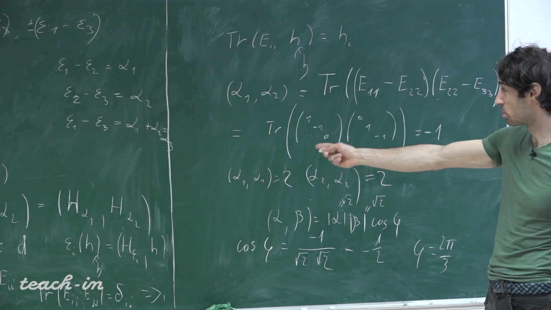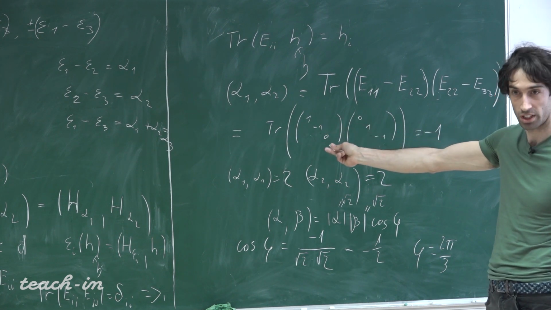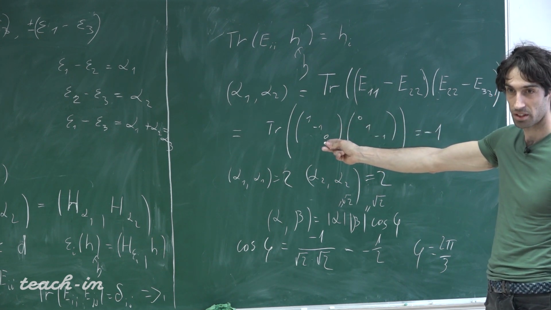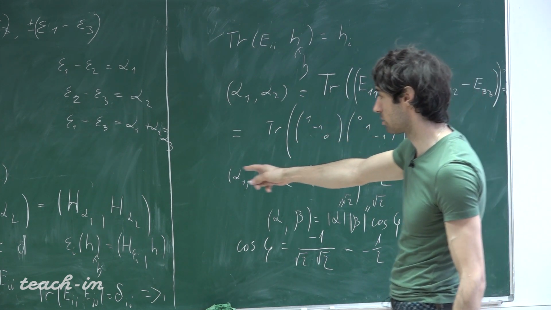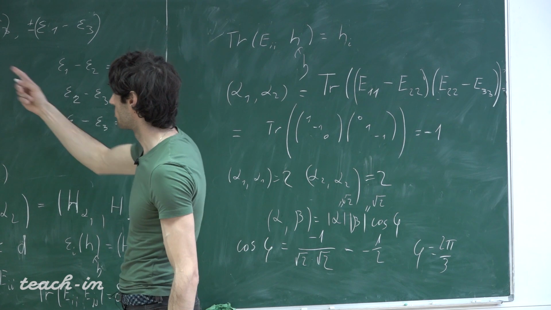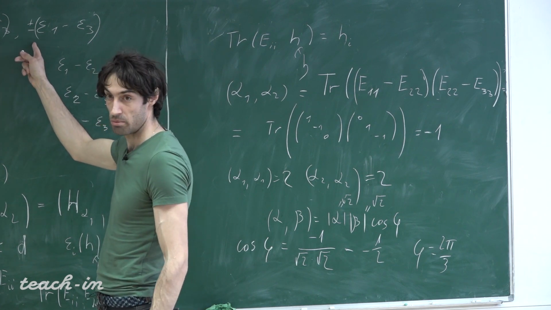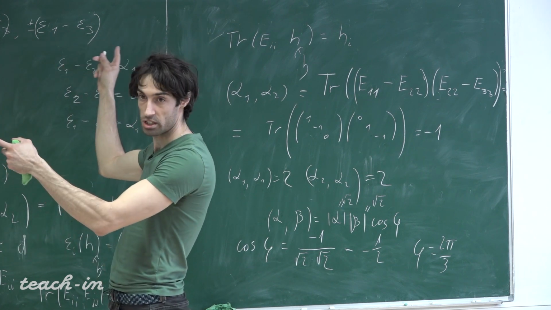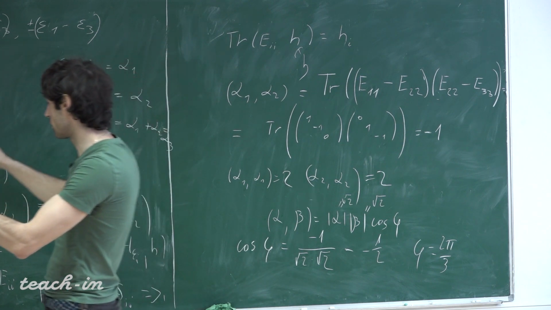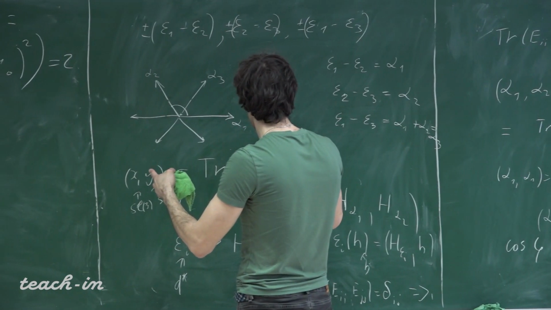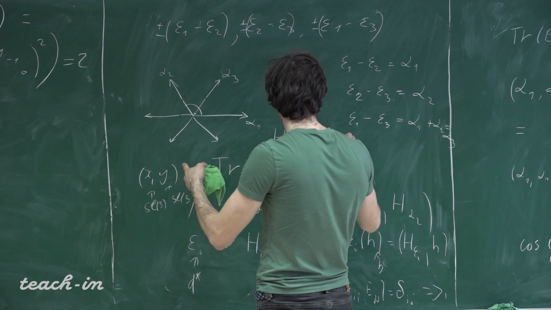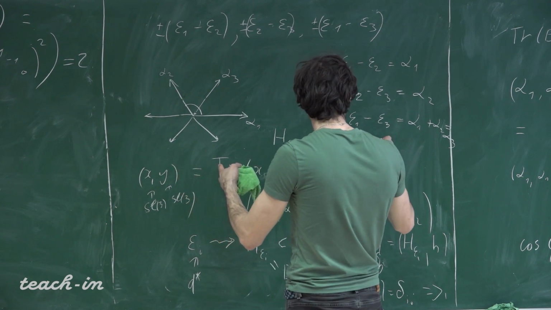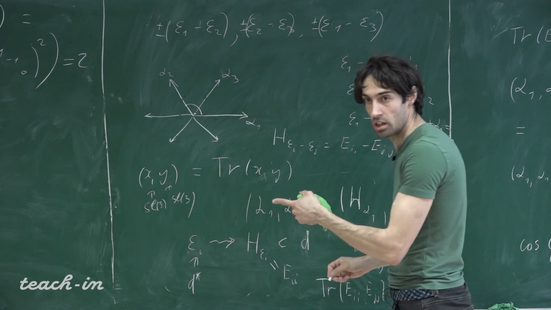But this computation you can do for SL_n as well. You had 1, 2, and 3 here, but you can consider all pairs like that, and h corresponding to epsilon_i minus epsilon_j will be E_ii minus E_jj.